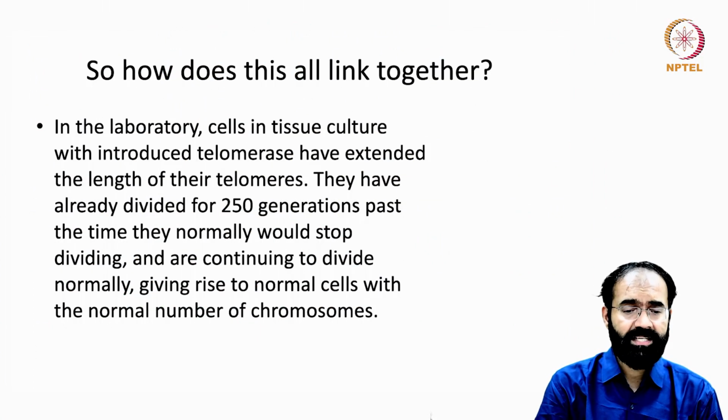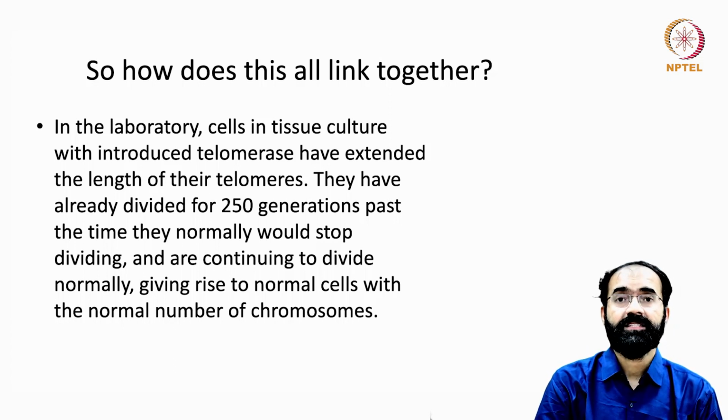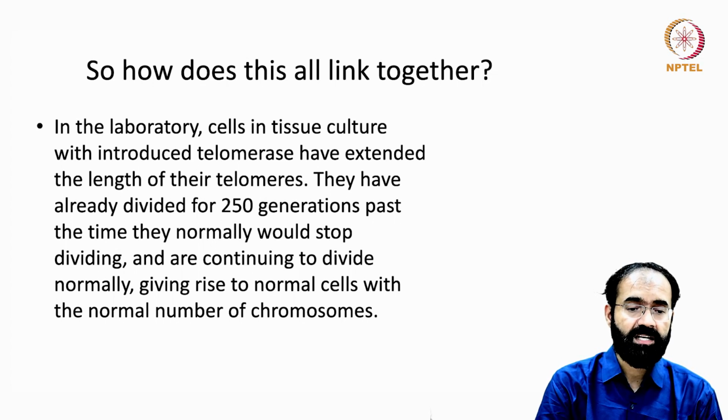So let us quickly see how this links all together. In the laboratory, cells in tissue culture with introduced telomerase have extended the length of their telomeres. It means telomerase is doing its job. They have already divided for 250 generations past the time they normally would stop dividing.